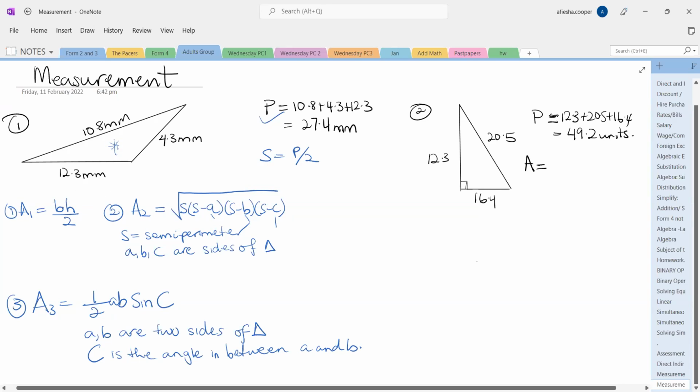Once we have a base and a height, we could use 1. Once we have the 3 sides, we can use 2. Once we have 2 sides and an angle in between, we can use 3.